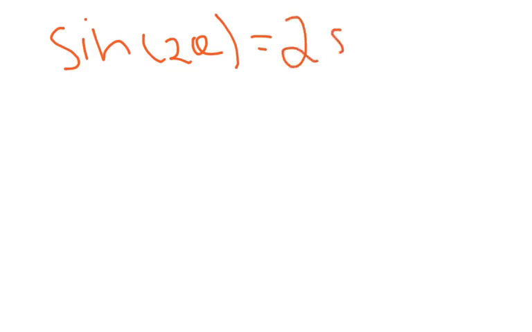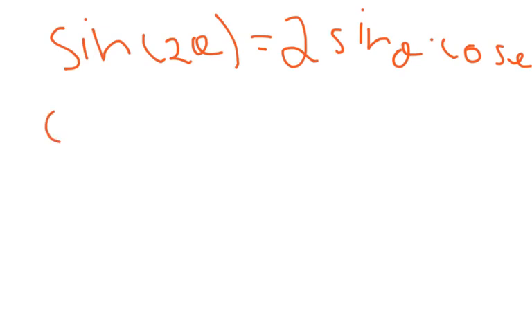There are some others that are called double-angle identities. For example, what would you do if you find something like sine of 2 theta? Well, you can express this as 2 sine theta cosine theta.